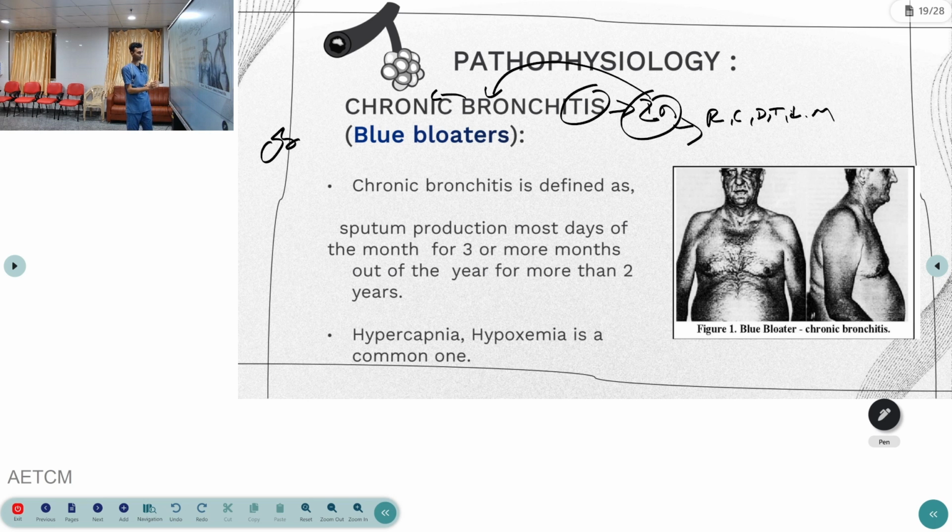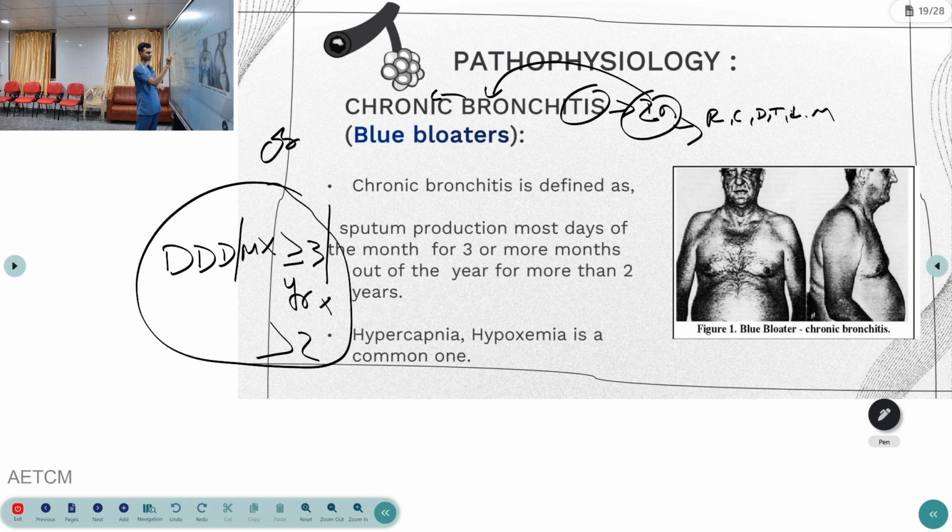Chronic bronchitis means sputum production on most days of the month, for 3 or more months out of the year, for more than 2 years.